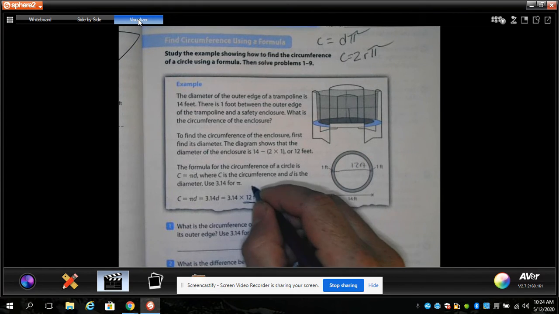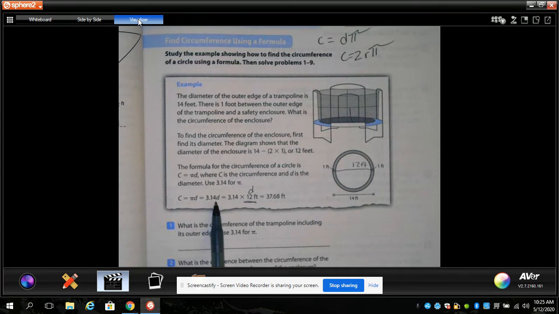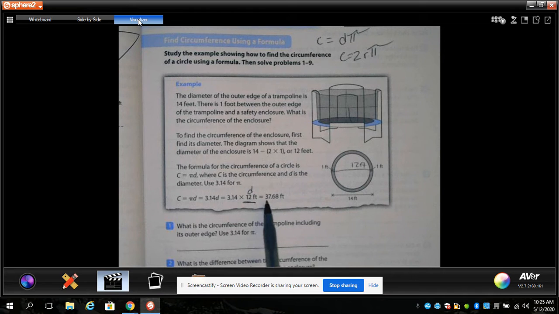So this would be D in the equation. And they show that right here. So this is kind of what I want to see: your 3.14 times 12 to get the 37.68. Just don't write C equals 37.68 feet.